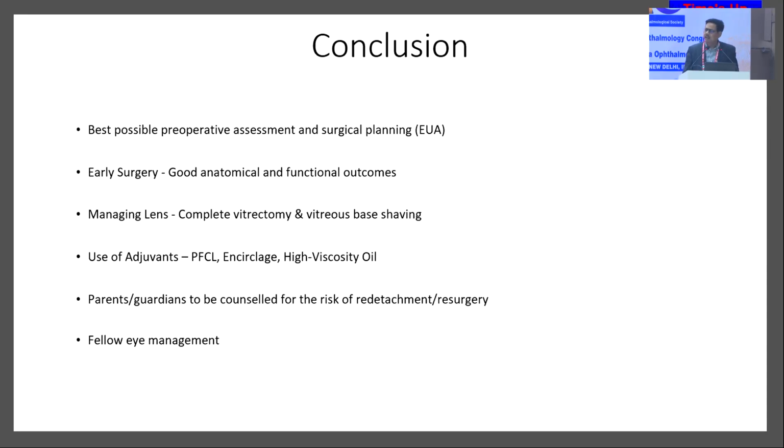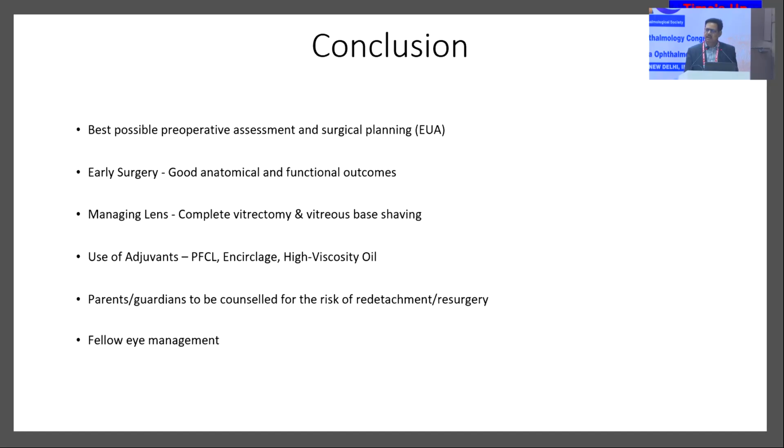And most importantly is the counseling of the parents, because the children come with their parents with a lot of hopes. They think that we have come to very expert doctors, expert surgeons, and everything will be all right, and the child will get good vision. Unfortunately, it doesn't happen.